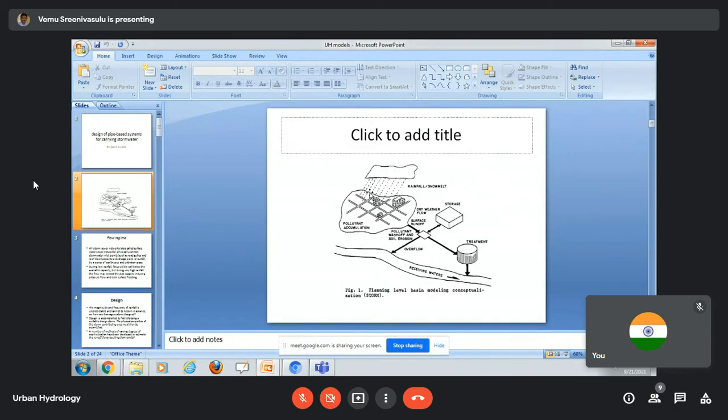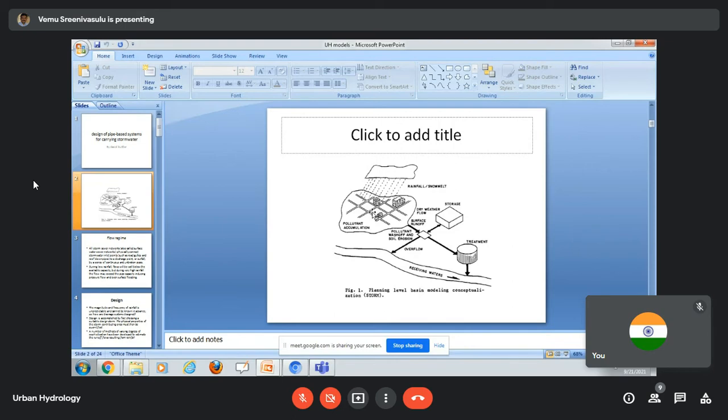The water will pass through the city and reach the outlet. So your boundary is the entire catchment, not the urban area boundary or municipal area boundary, but your design of this network is in the urban areas.